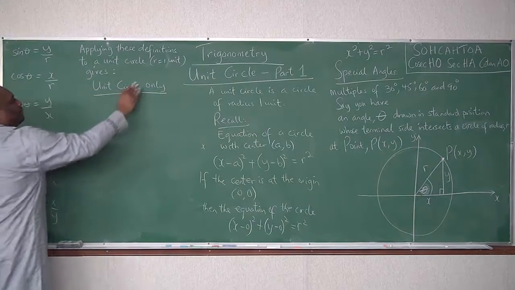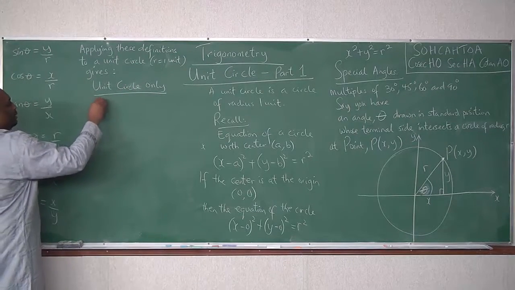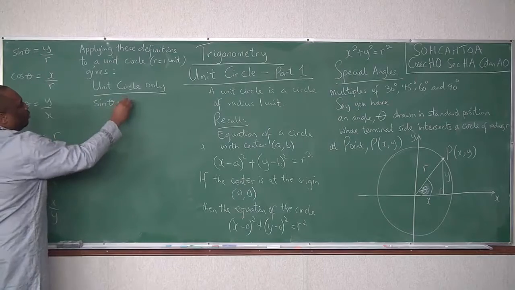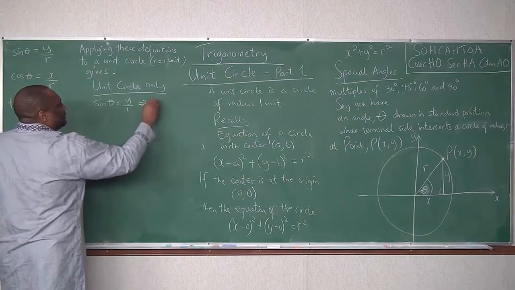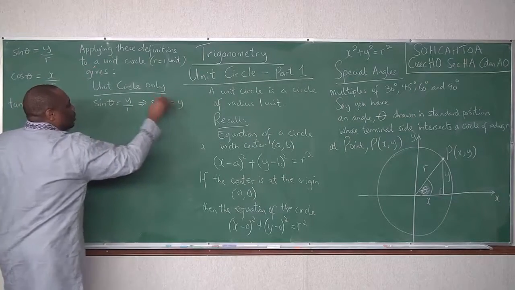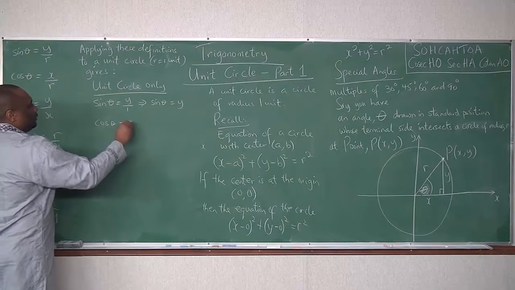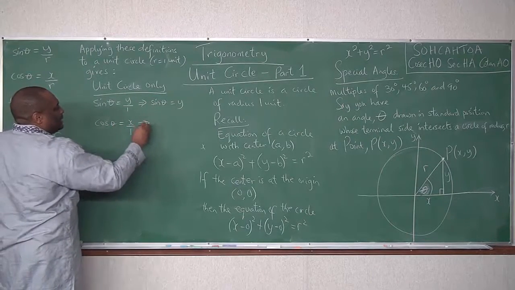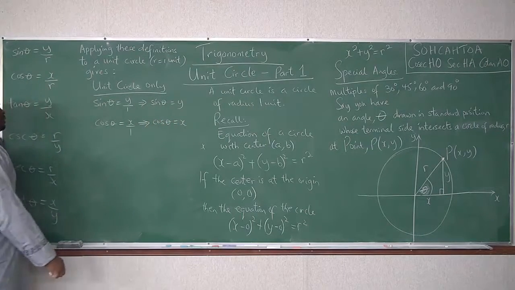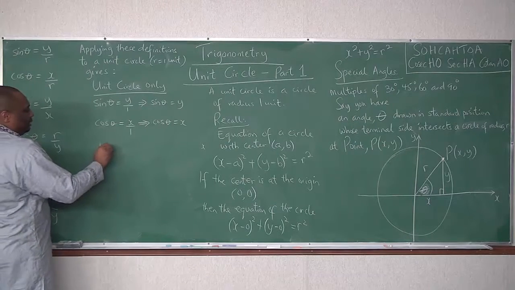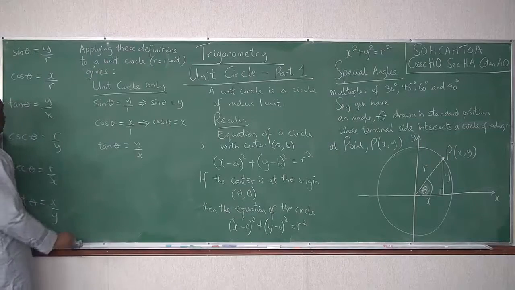that sine theta is equal to y over 1. So this implies that sine theta is equal to y. Cos theta will be x over 1. This implies that cos theta is equal to x. Tan theta will still be y over x.